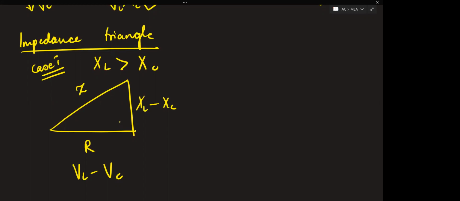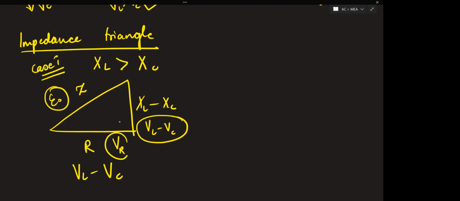Fine. So if this side represents your resultant EMF, this side represents your VL minus VC, and this side represents your VR. VR is what? Voltage across resistance. VL minus VC is the net resultant voltage across both inductor and capacitor.